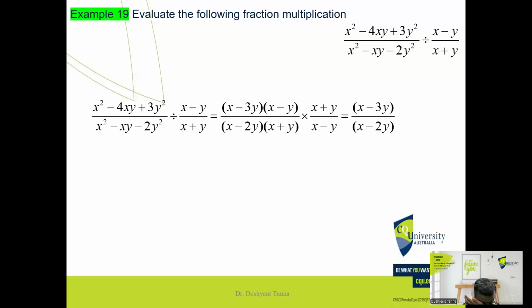If you look at all the questions we are doing, it's always about factorizing. So if you get your quadratic factorization correct, then you will be able to deal with the division and multiplication parts.